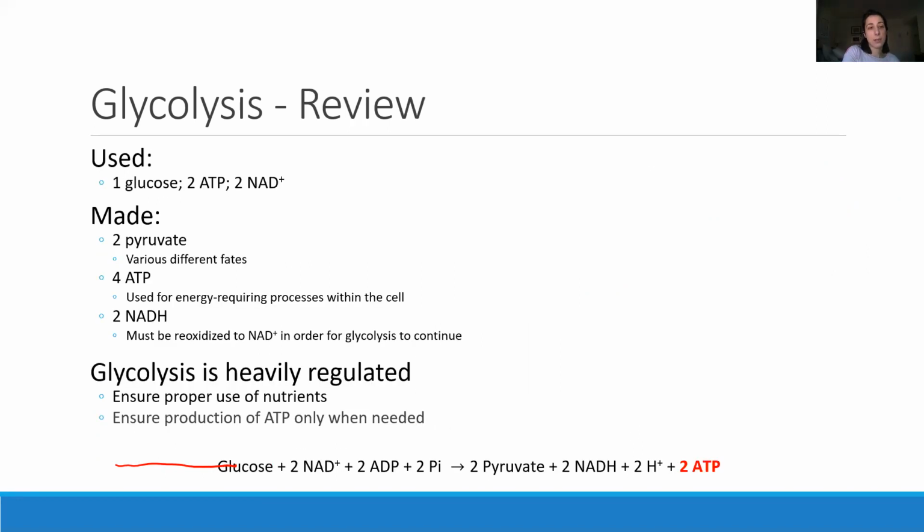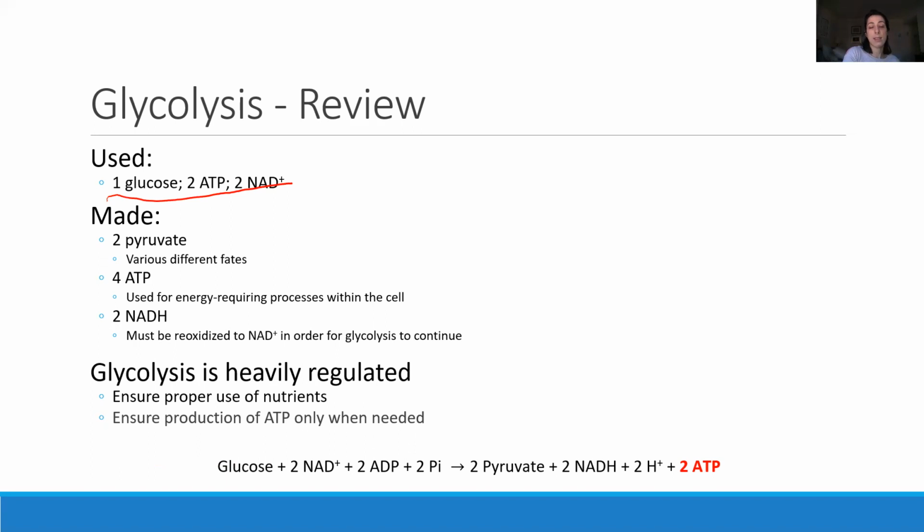Okay, so let's look at a review. I know that was a lot, and I wanted to go through each of the steps and talk about what is happening at each of them. Ultimately, we take one glucose, we use 2 ATP, and we use 2 NAD+. These are the main molecules that go into the reaction.